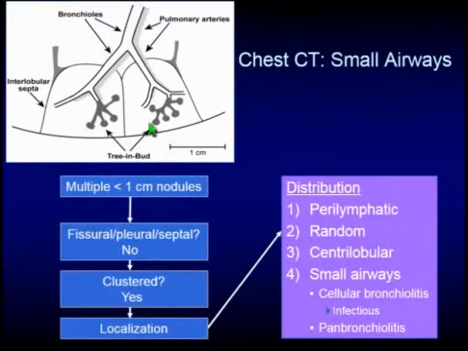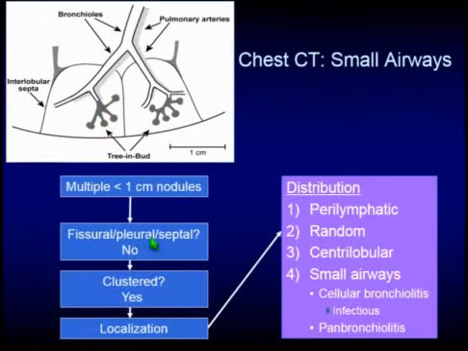Now, if we go back to our diagram, unlike the perilymphatic pattern of nodules, these nodules are still going to be air-spaced or ground glass, or maybe carry slightly more density. They are clustered, but not on a lymphatic surface, rather within the secondary lobule itself.